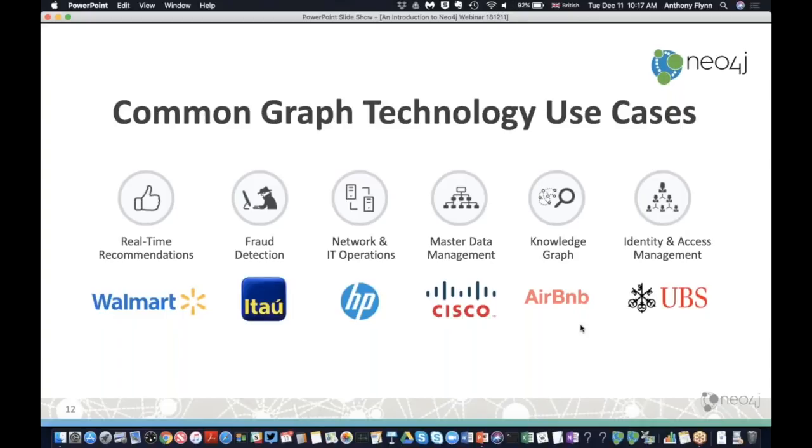And also there on the right, you've got a variety of identity and access management, where you use the power of the graph to manage complex interdependencies of who should have access to particular data based on who they are, where they are, the time of the day, the particular laws that apply, etc. Something that's quite easy to model in a graph database.